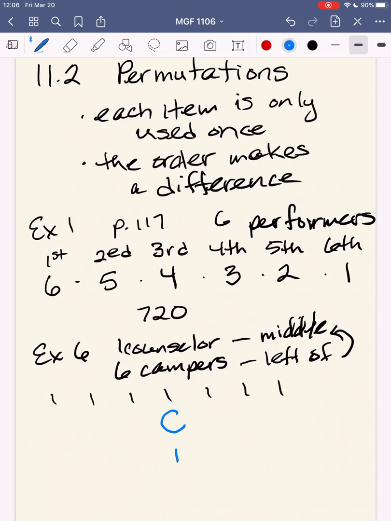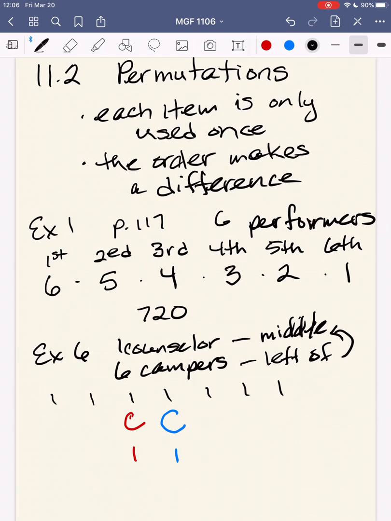The counselor must sit there. To the counselor's left is the camper that likes to make food fights. That also only gives us one choice. That camper must be seated right next to the counselor.